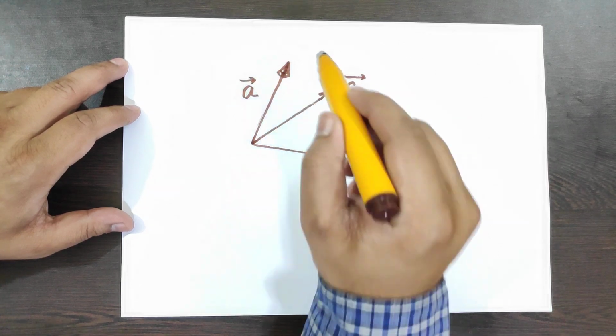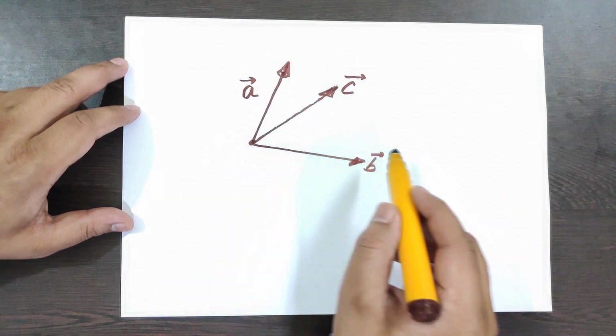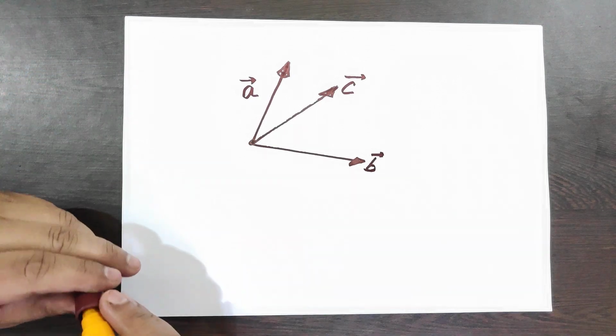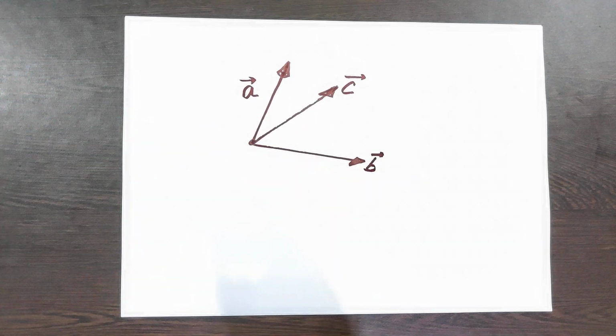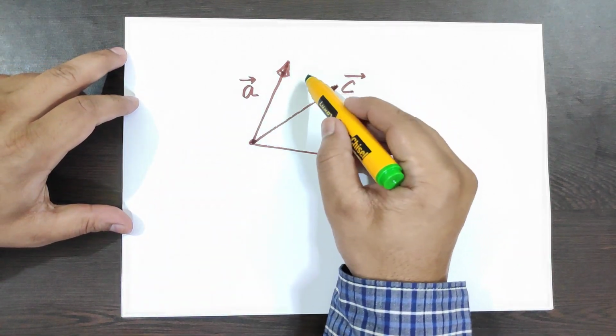And see, all the tails are tied together. We have joined all the tails of the vectors A, B and C. Now this is the plane containing B and C, right?